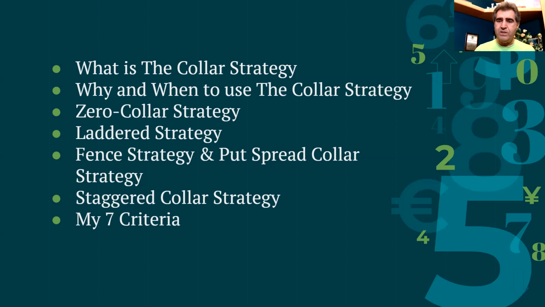And when do we use this collar strategy? Then most people know about the zero or near-zero cost collar strategy, but I'm going to go a little further and talk about more advanced strategies: something called laddered, the fence strategy, the put spread collar strategy, and the staggered collar strategy.